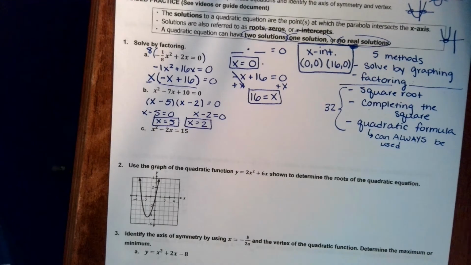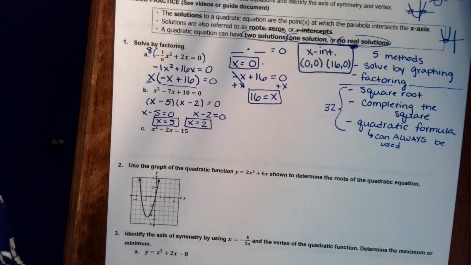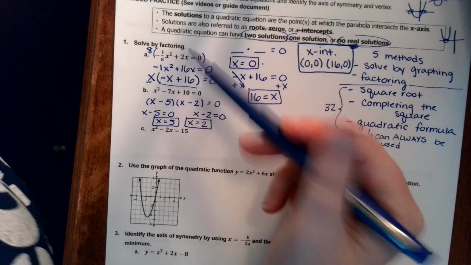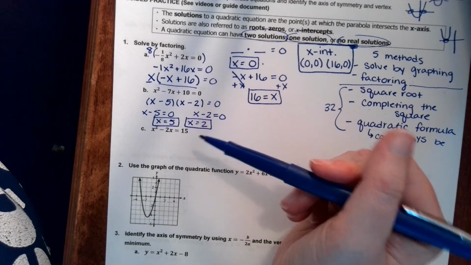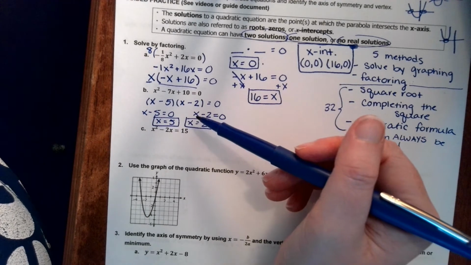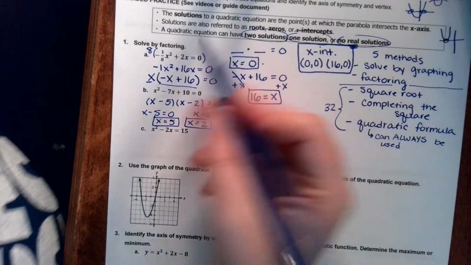Okay, C, we have x squared minus 2x equals 15. So remember what I said earlier. You need to have your equation equal to 0. And this isn't equal to 0. It's equal to 15. So what could I do to this 15 to make it 0?